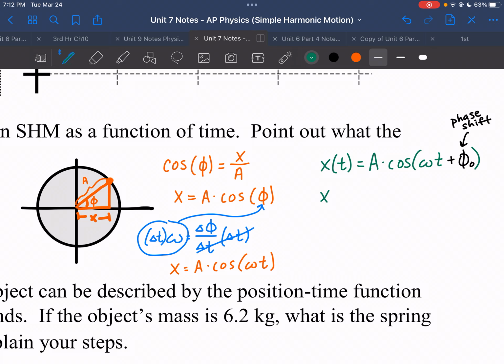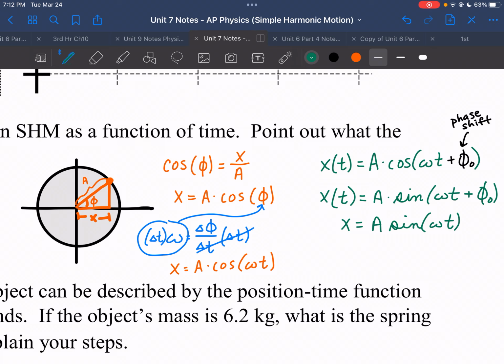So if you see x of t, whether you're writing it in function notation or not, and you have the amplitude times the sine, it works exactly the same way. They are indeed the same functions.